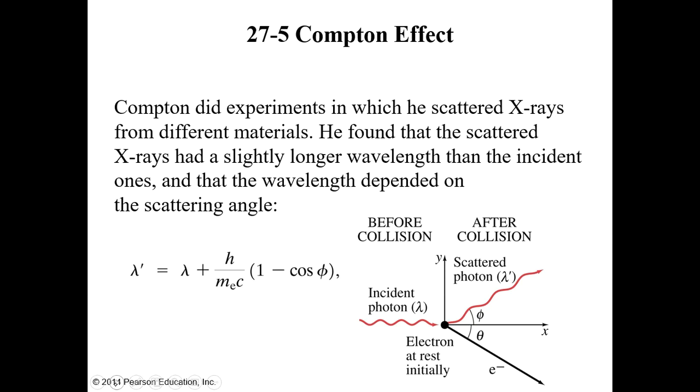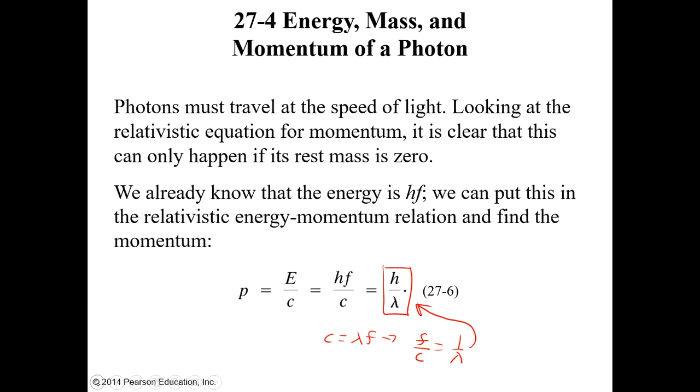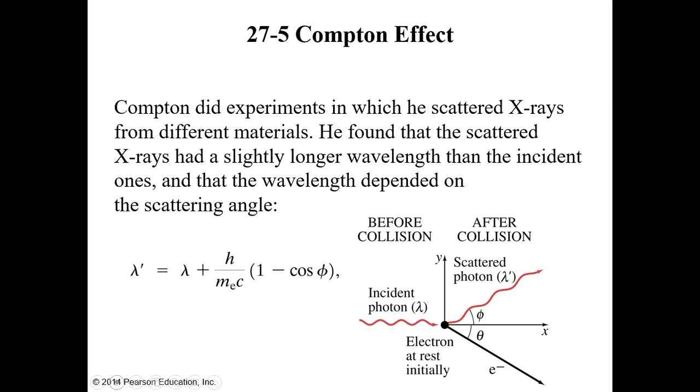All right, so let's talk about some of the behaviors of light now. We saw the photoelectric effect, where once you have a certain amount of energy, an electron can be released. Let's talk about the Compton effect. This is another interesting one, where a photon comes in, hits an electron.